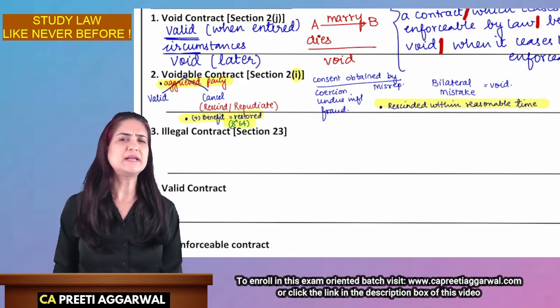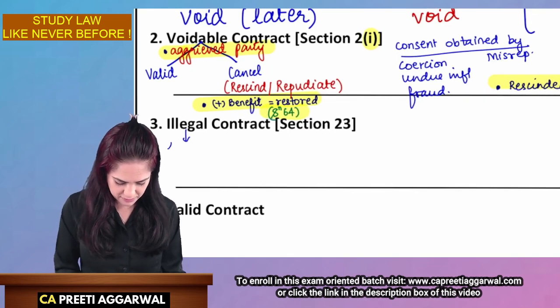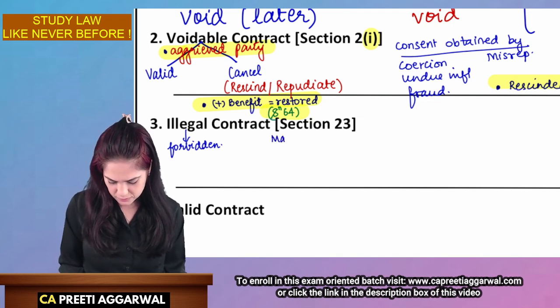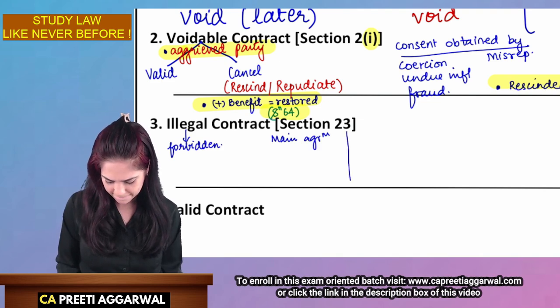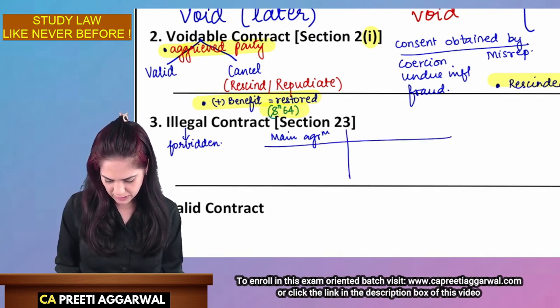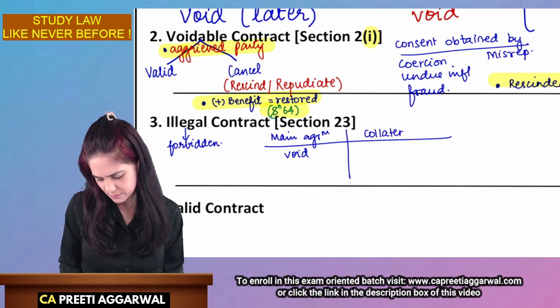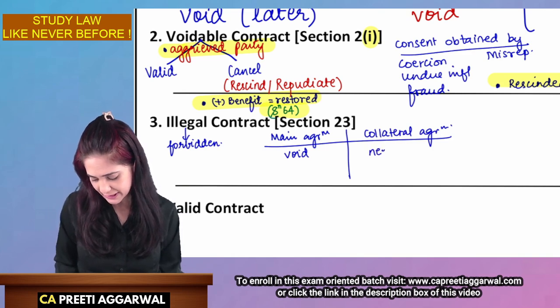What is the meaning of illegal? Illegal means it is forbidden. Now, if the main agreement is void, what will happen to the collateral? Collateral means additional. That need not be void.